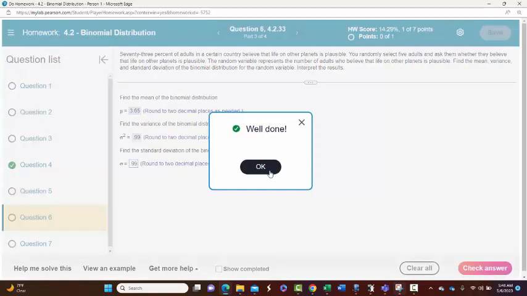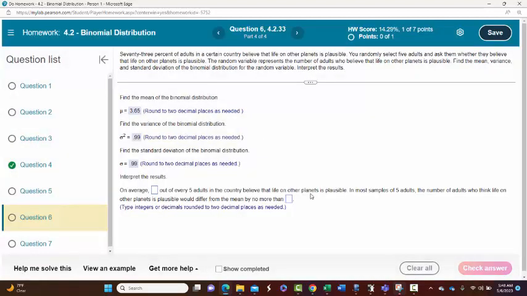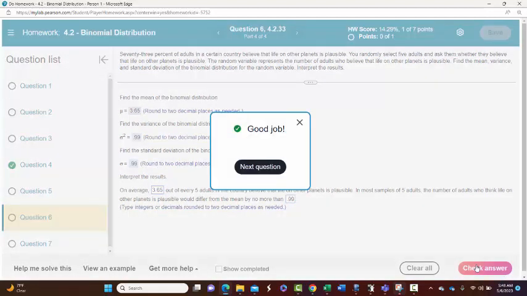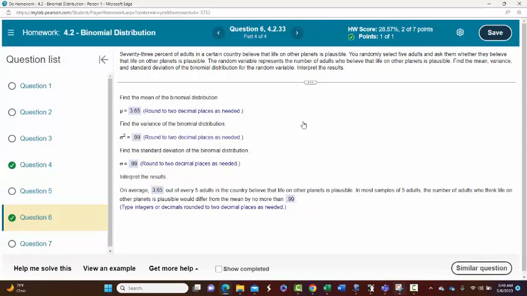Got it. All right, so on average, that means the mean. So we'll put in 3.65. Different up by no more than the standard deviation, which is 0.99. Excellent. All right, so with that, we will conclude this video on the binomial distribution.